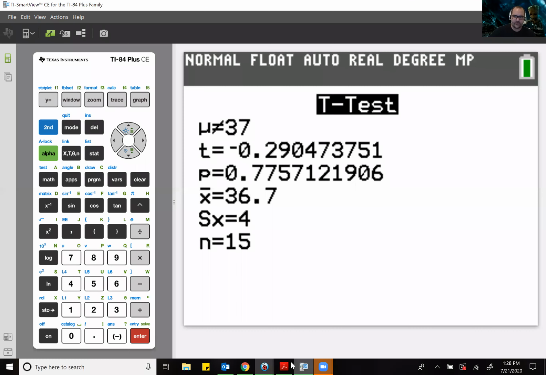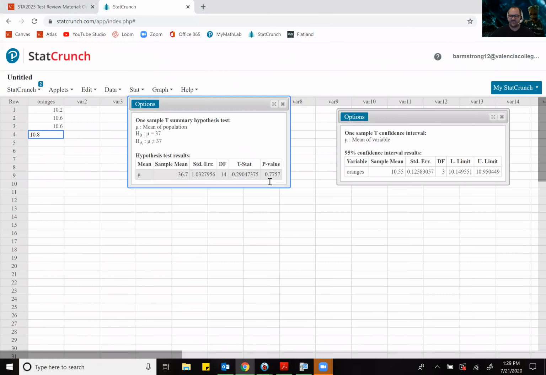Both of them have the same information. Our p-value, 3 decimal places, is 0.776. I want to check my StatCrunch. Yep, 0.776.